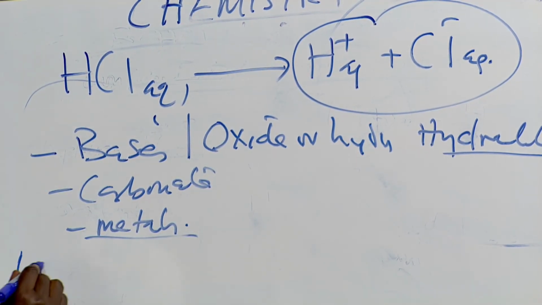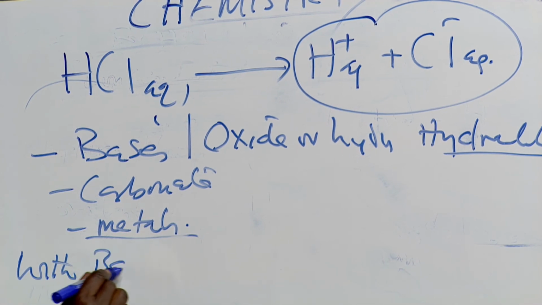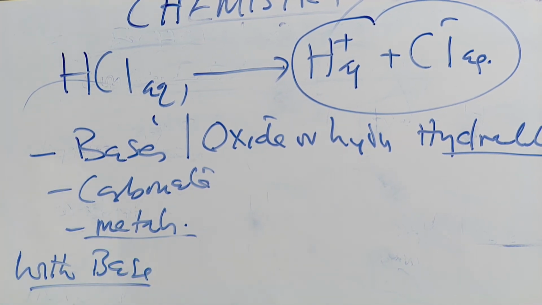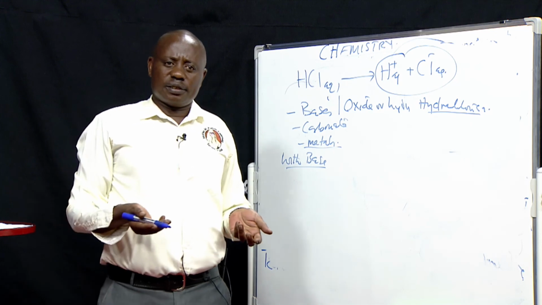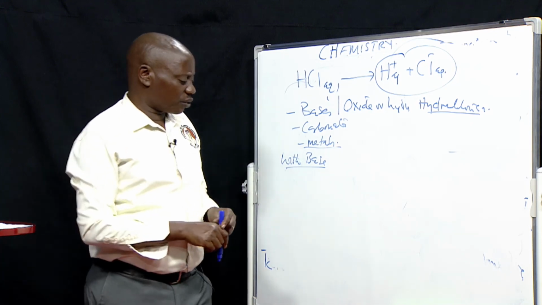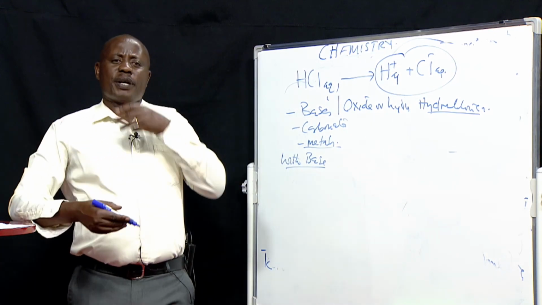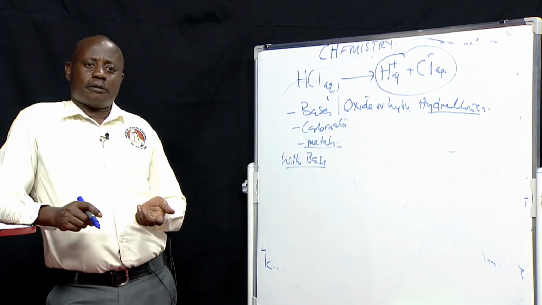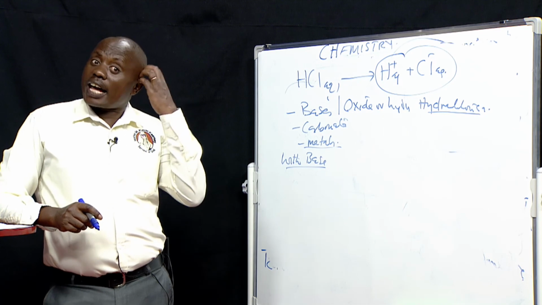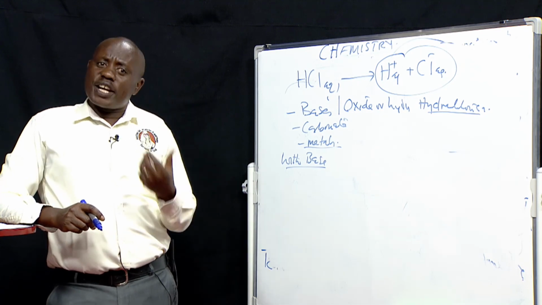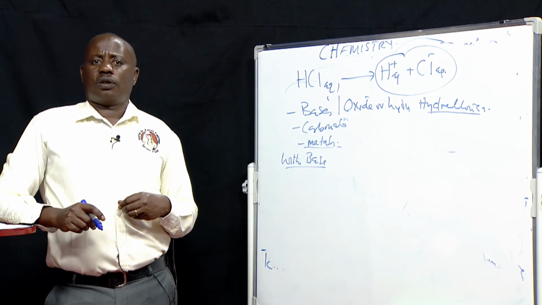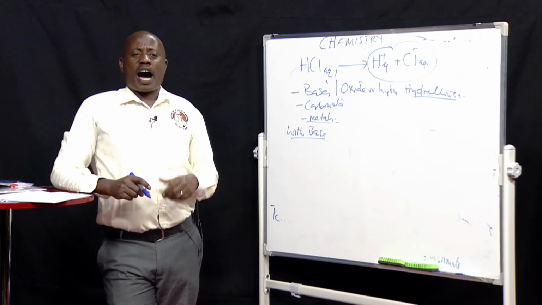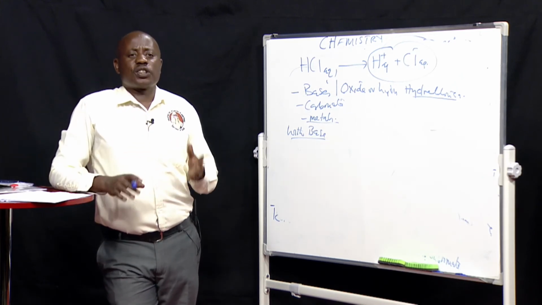For example, with bases, we can take an example like copper 2 oxide. What happens when hydrochloric acid is added to copper 2 oxide? Remember, when you add a liquid to a solid and the solid disappears, we don't use the word disappear.